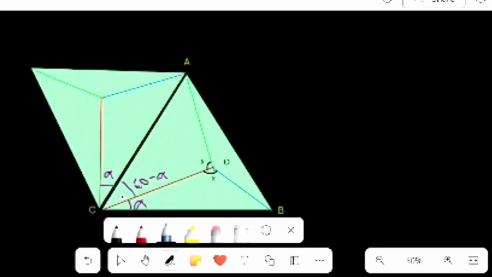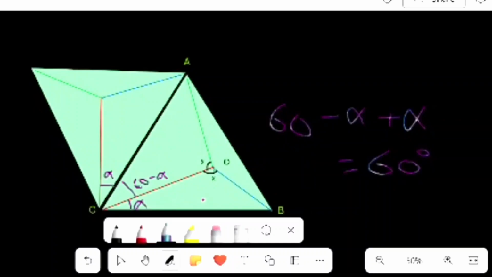Now the angle made between these two red lines will be 60 minus alpha plus alpha, which is equal to 60 degrees. So now we can say that this whole angle between these two red lines is 60 degrees.